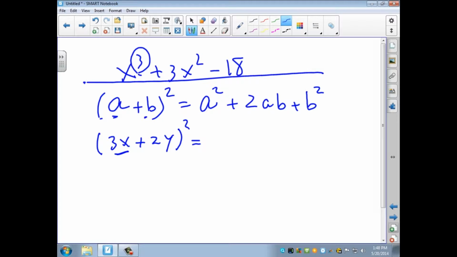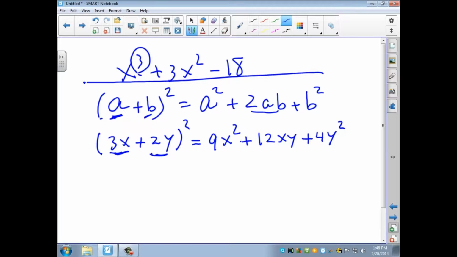In this case, this is your a and this is your b. So a squared would be 9x squared plus 2 times a times b. That would be 2 times 3x, that is 6x times 2y. That would make it 12xy. And finally, b squared, it would be 2y squared, which is 4y to the second power.